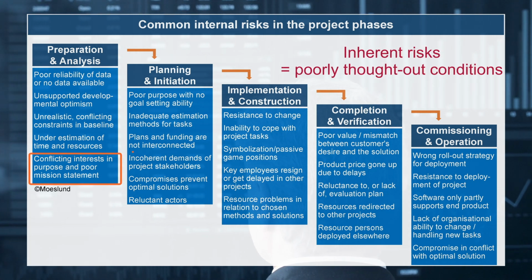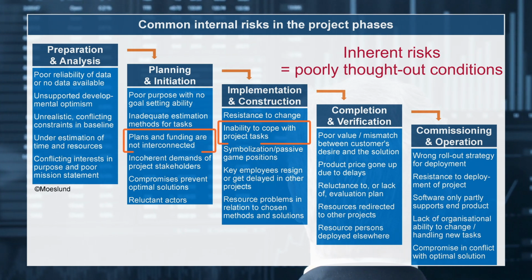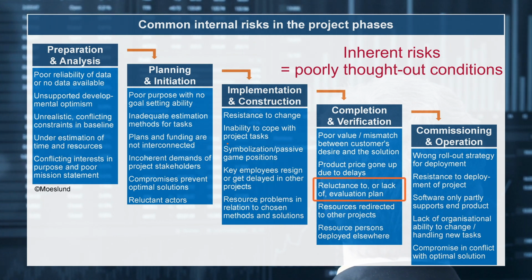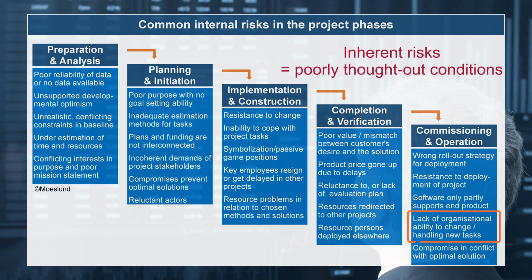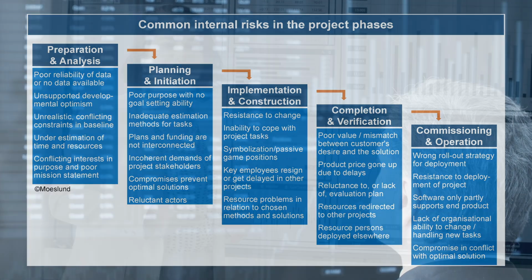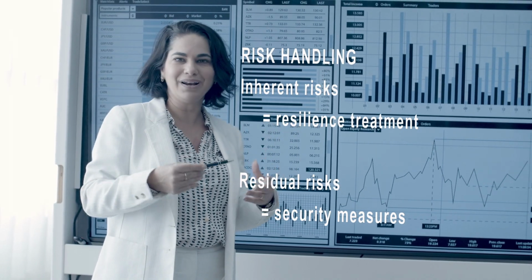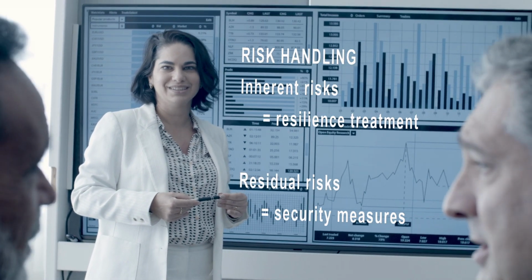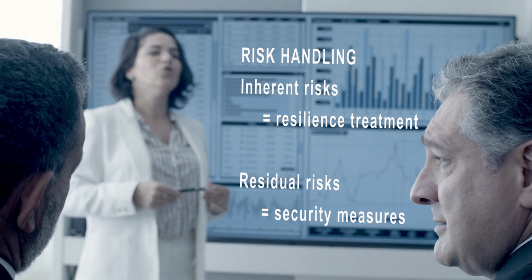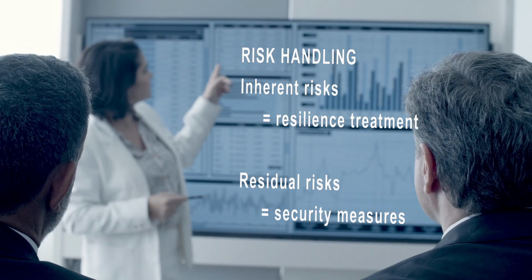Among internal risks, a large part of them can be addressed directly and actively by intervening in poorly thought-out conditions and procedures. These internal conditions can unfold in all phases of the project and should be treated first for inherent risks and subsequently for residual risks.